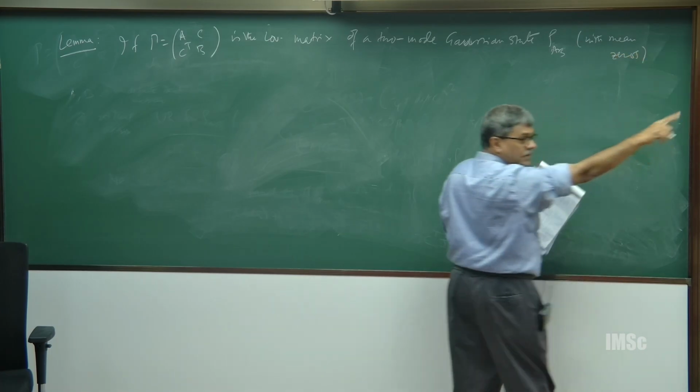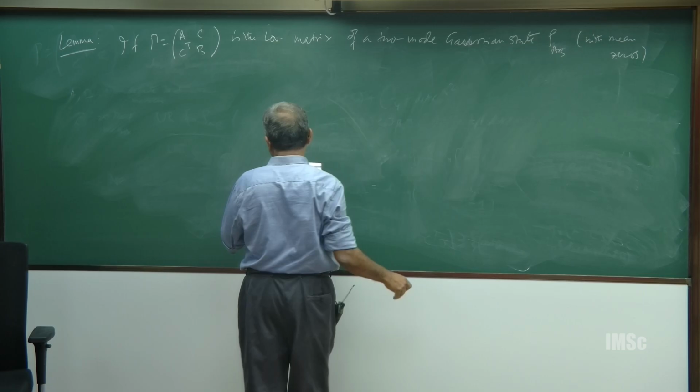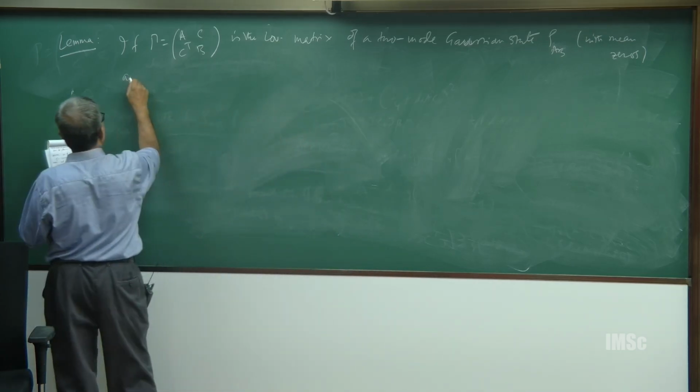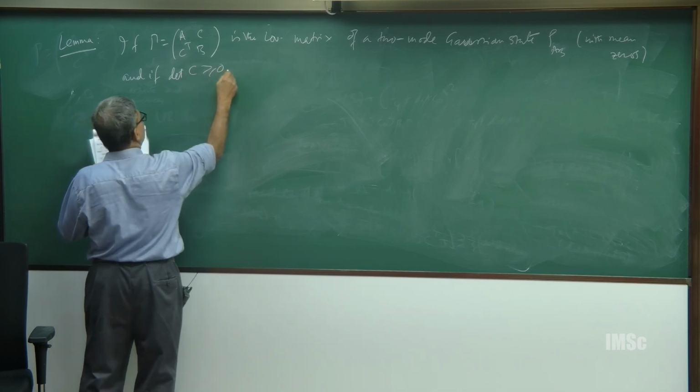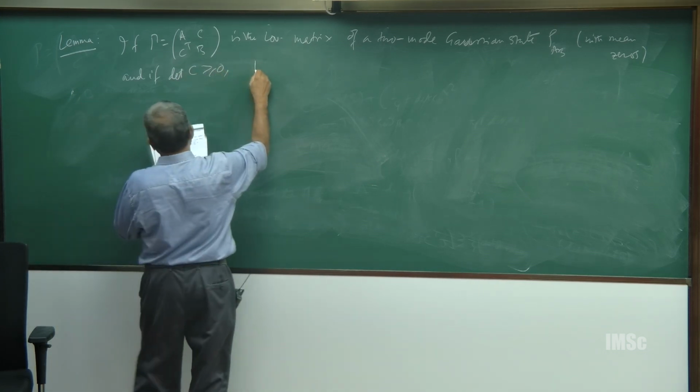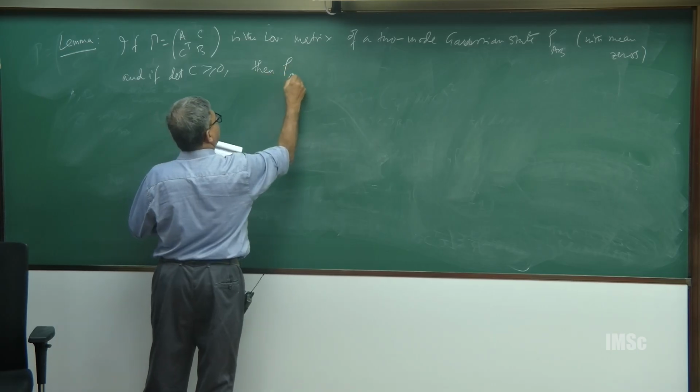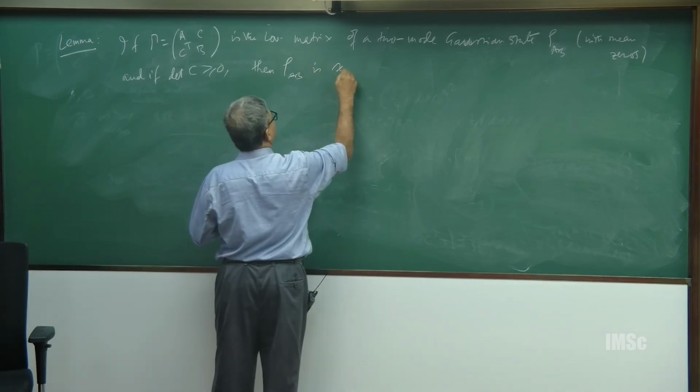So, mean zeros you understand, right, this is what we have assumed, and if determinant of C is greater than or equal to 0, then rho A B is separable.